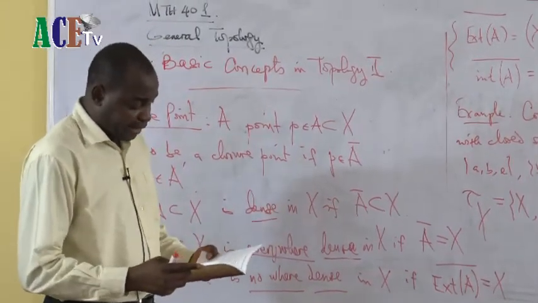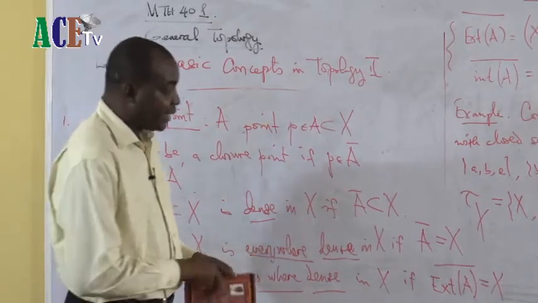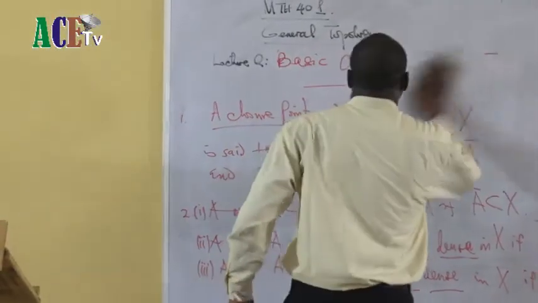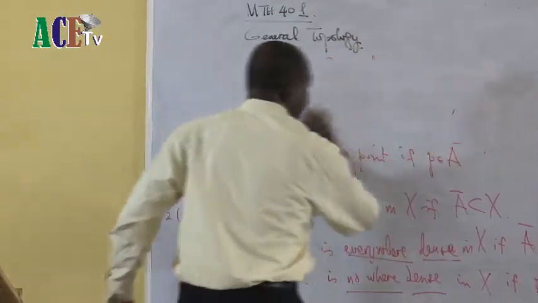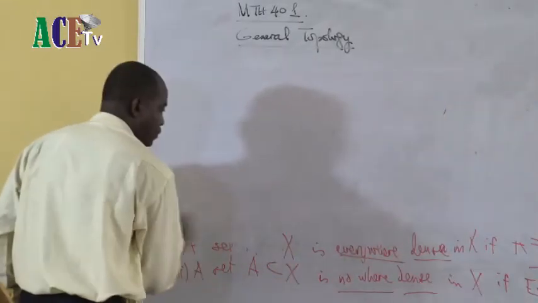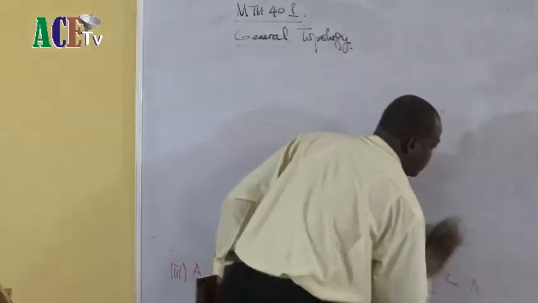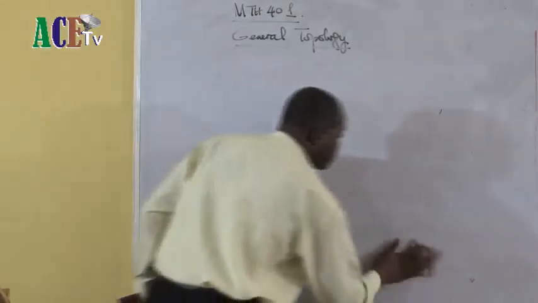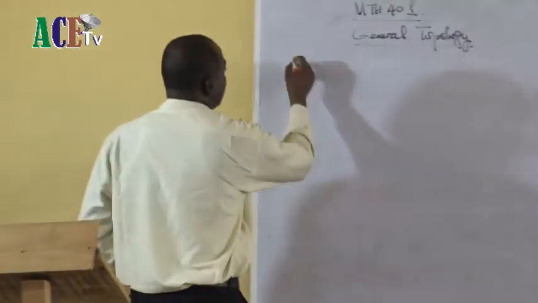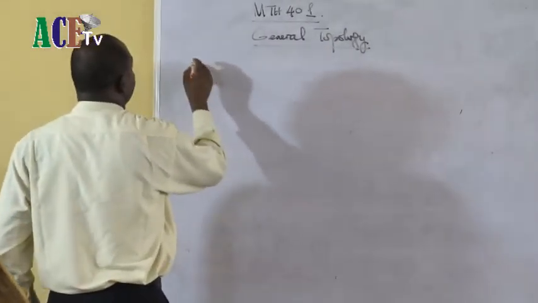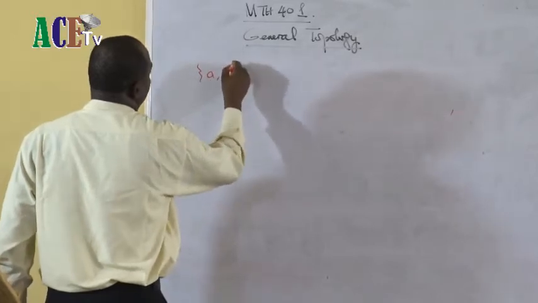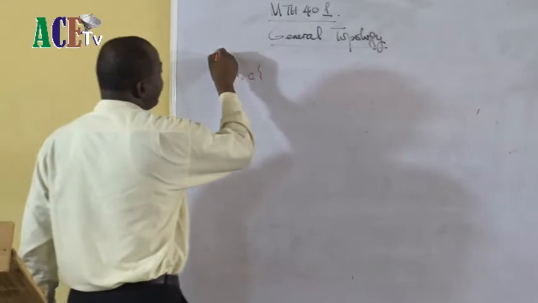Now, the next thing we want to do: what if you are given a set and you are told to obtain the closure of that set in this case? For instance, you want to obtain the closure of {A, C}. You want to obtain the closure of this set.